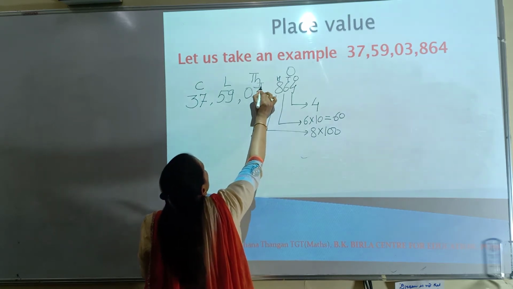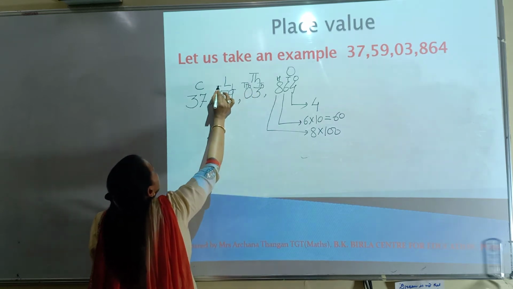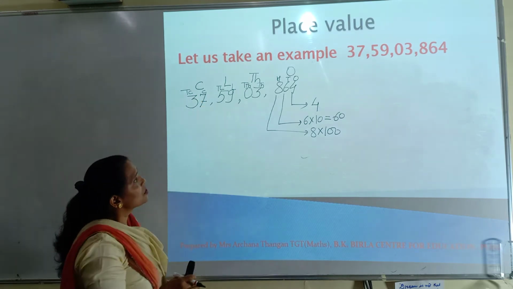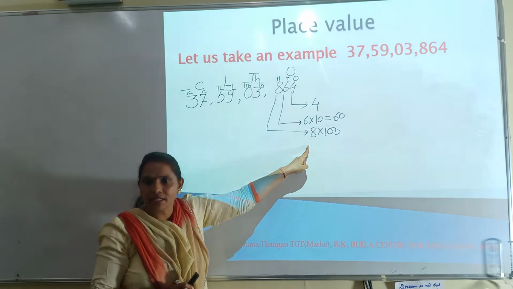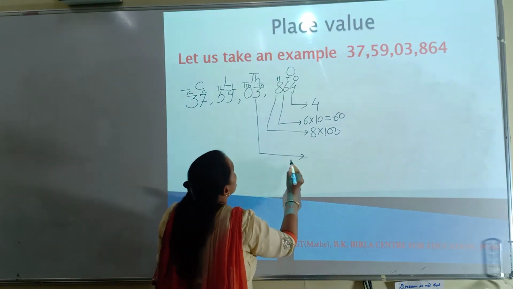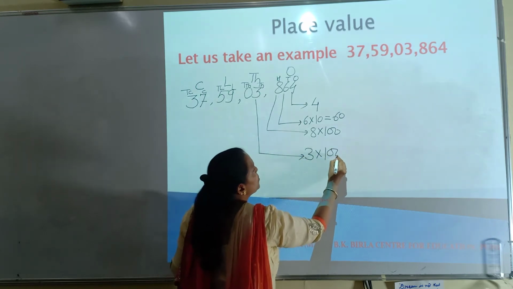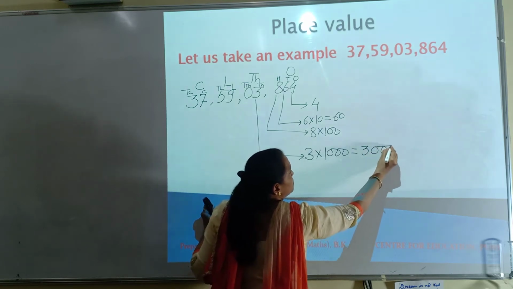This is thousand and this is ten thousand. This is lakh and this is ten lakh. This is crore and this is ten crore. So, 8 is in hundreds place, and its place value is 800. Next we have a 3. 3 is in thousands place. 3 multiplied by 1000, its place value is 3000.